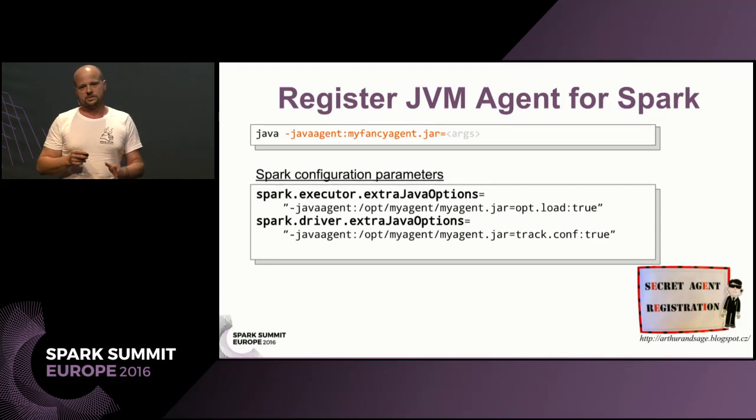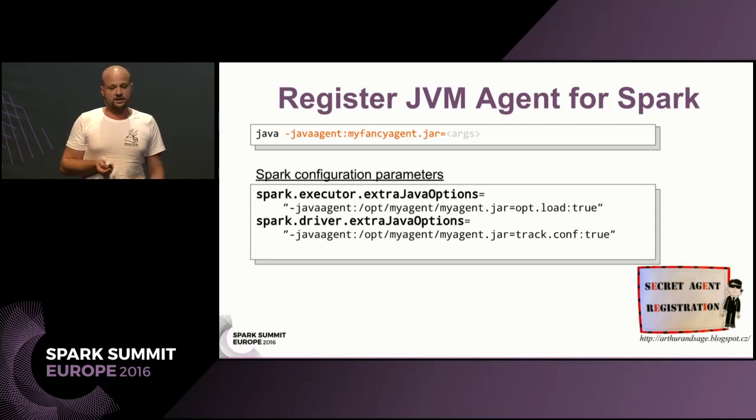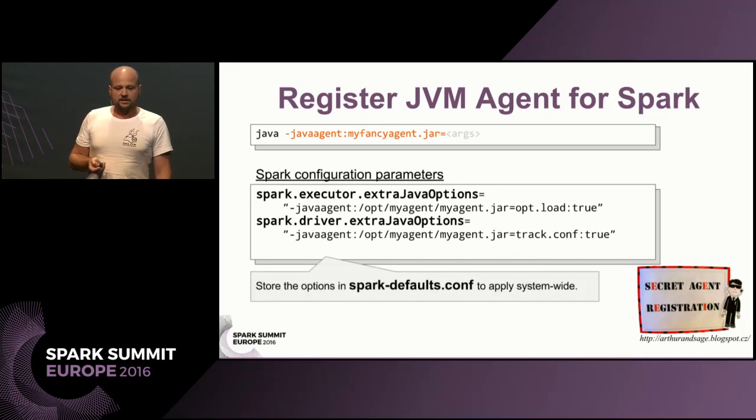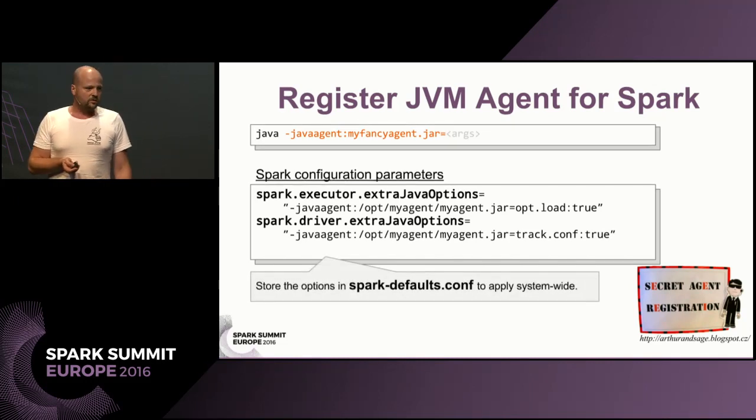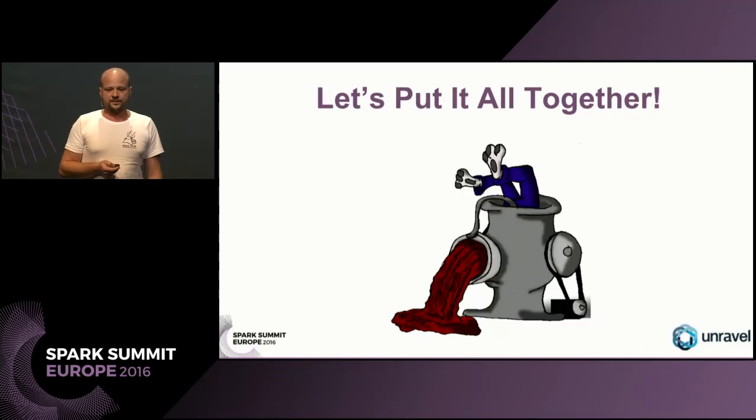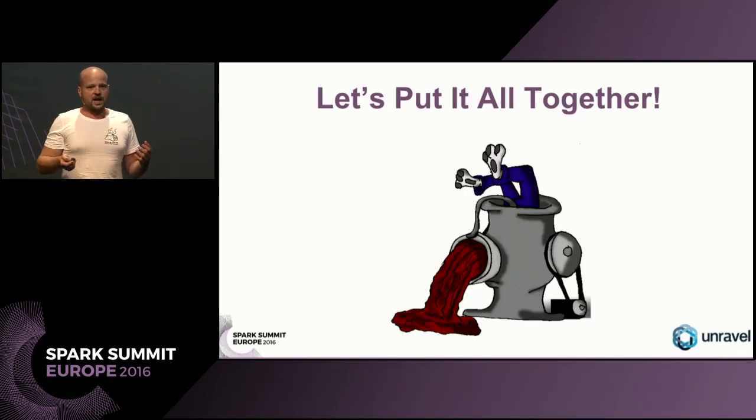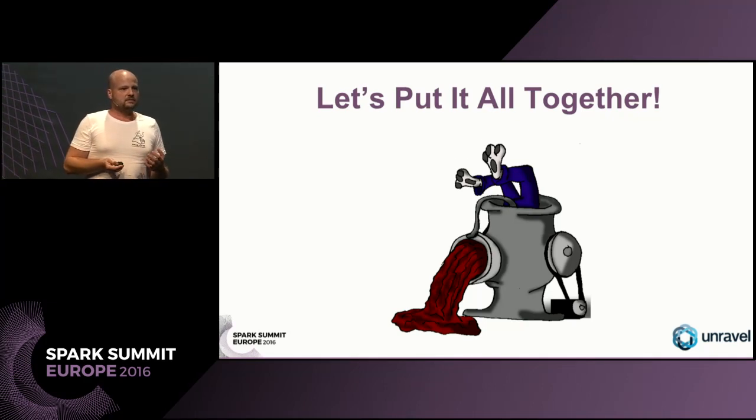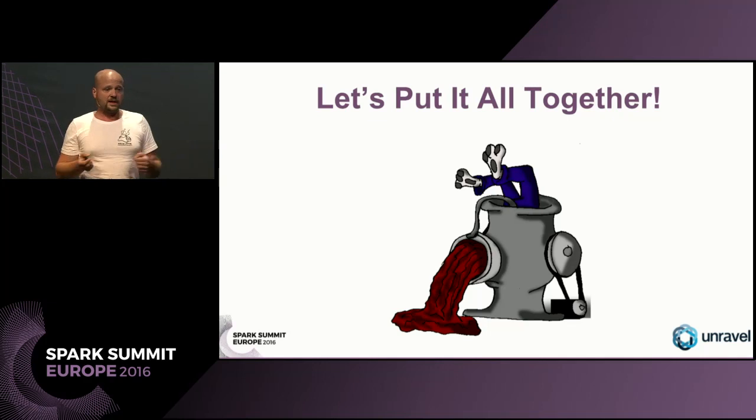Just put there this magical Java agent JVM argument, and you are done. And you can even store it in Spark defaults conf if you want to have it system-wide. It's pretty easy.